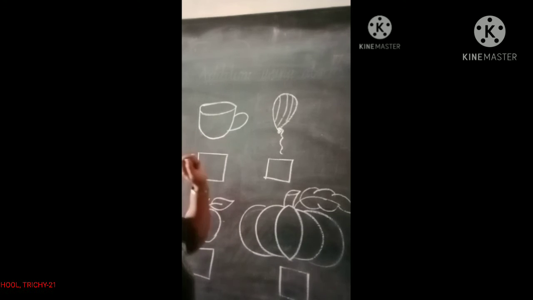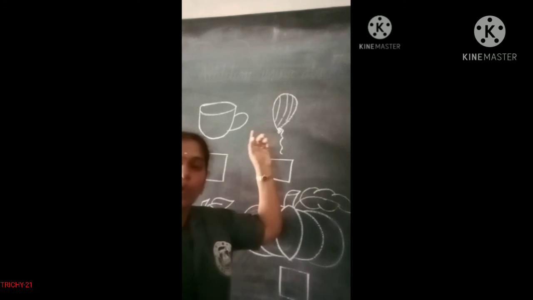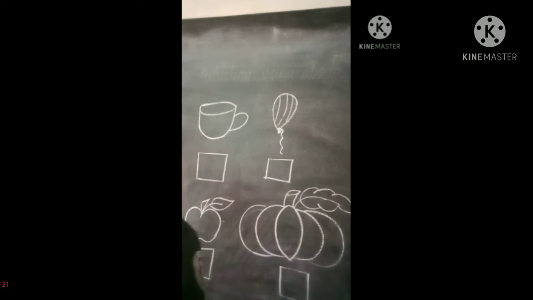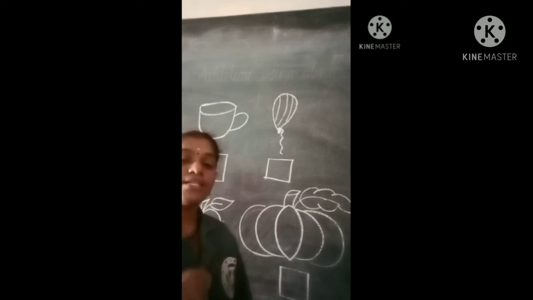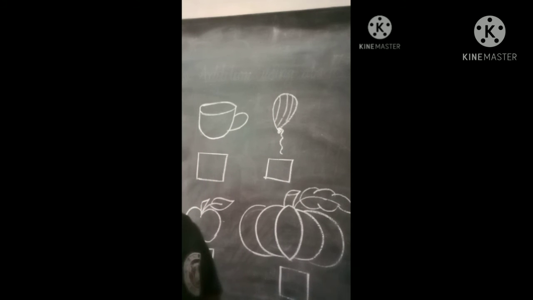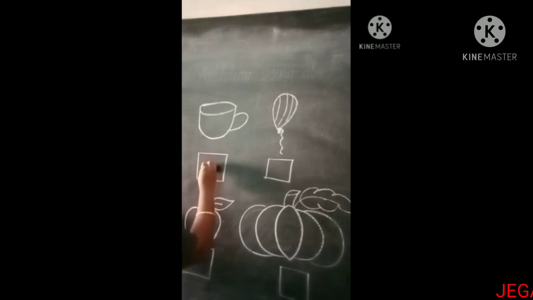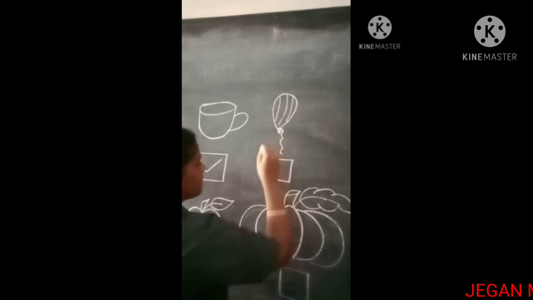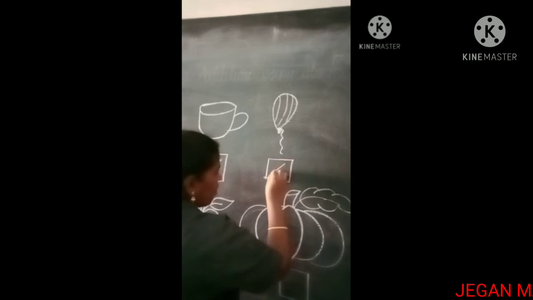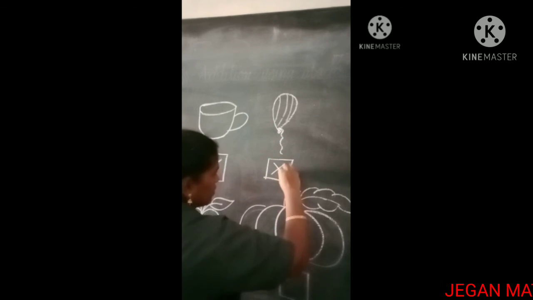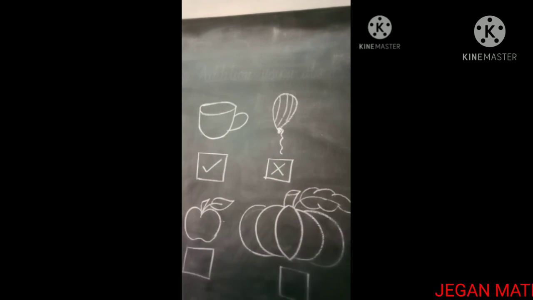Cup is a heavy object and balloon is the light object. So, tick the cup, which is the heavy object. Balloon is the light object, so cross the balloon.